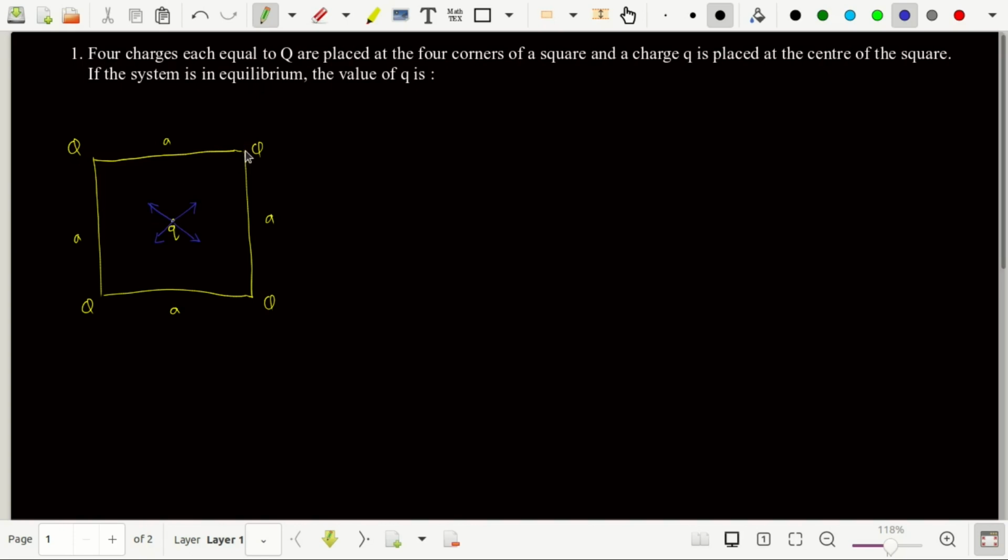Suppose now I need to calculate the force at this particular point for this capital Q right over here, which I have just drawn with a dotted line. Let me erase it and draw the diagram again. So let's talk about this particular Q charge.